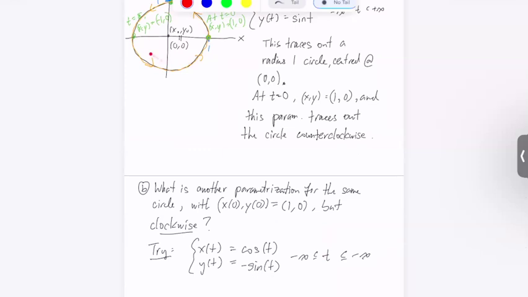I'm still traversing clockwise, but intuitively I'm traversing it a lot faster than if I don't add anything to the t. So there are really infinitely many parameterizations of the same path, even for the circle. It's just that for clockwise and counterclockwise, you could categorize them in similar ways.